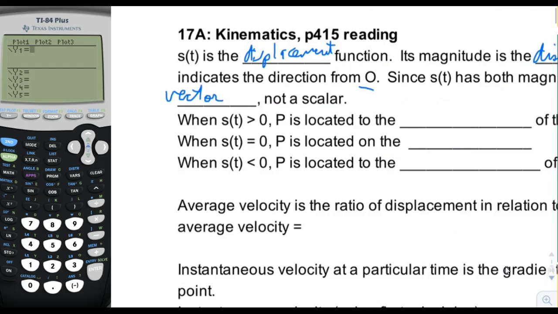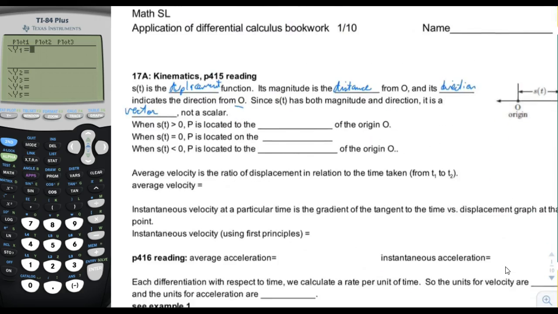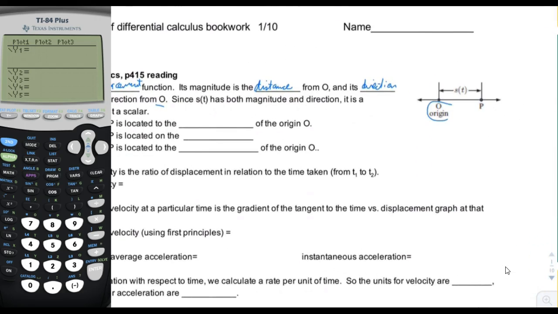Okay, so let's look at this picture here. There's a number line, and it's got the origin at 0, and then it's got a point P, and the directed distance from the origin to P is S of t. When I say directed distance, I mean it's a certain distance from O, but it also has a direction from O. In this case, it's to the right, which in math is usually positive.